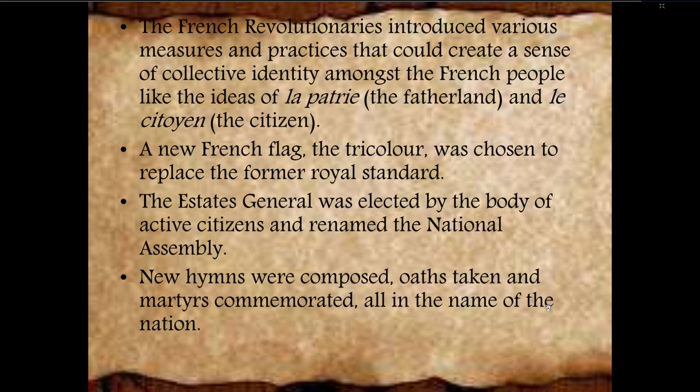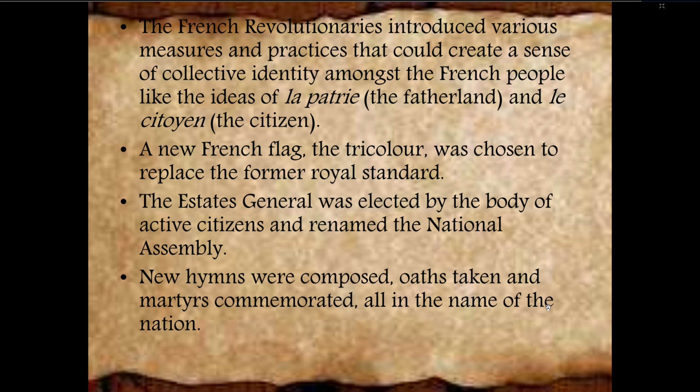Before the French Revolution there was a monarchy, and the monarchy was abolished now. So the flag of the royal standard was removed, and the new French flag was introduced. The Estates General was elected by the body of active citizens. Now the Estates General was elected.